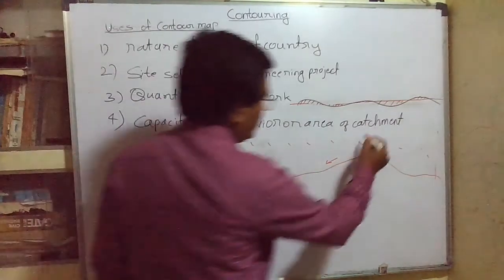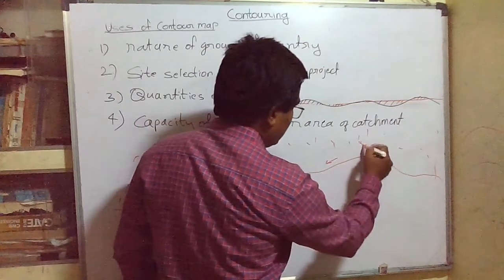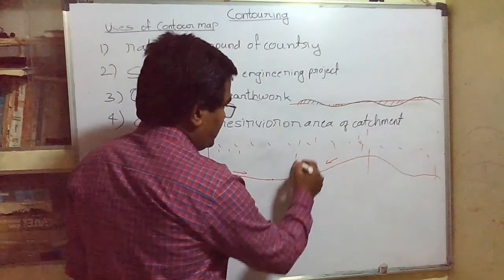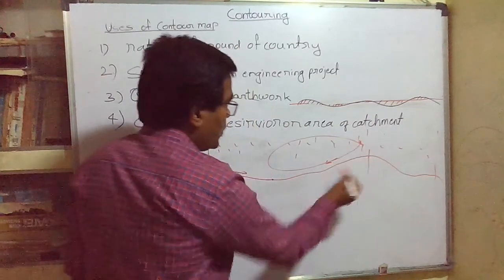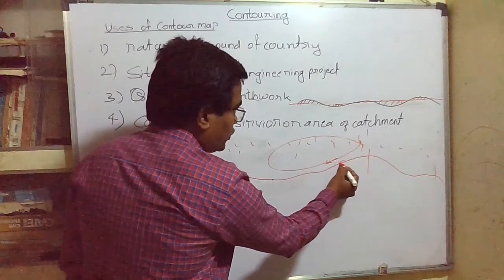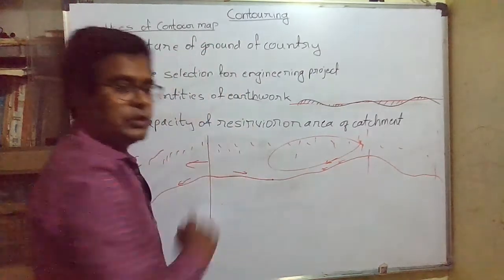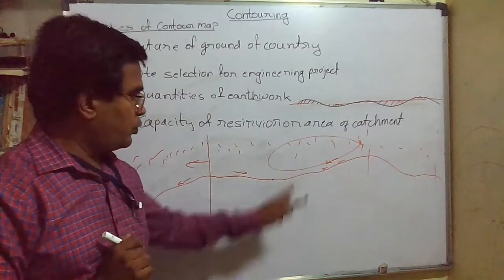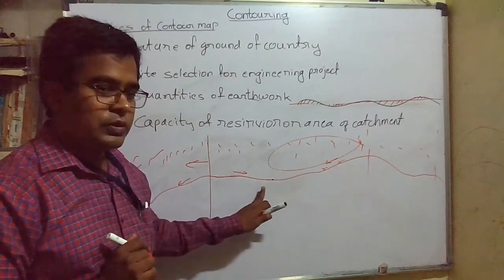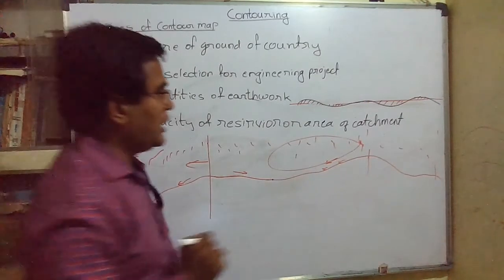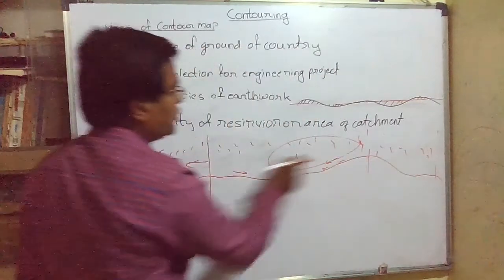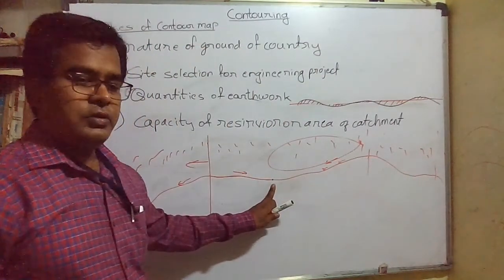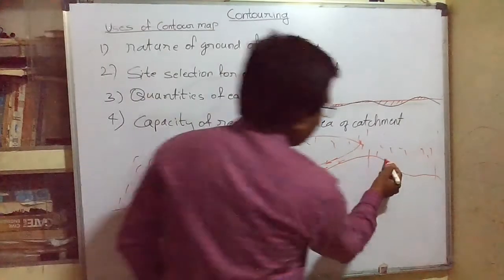Again, if it rains in this particular area, the rainwater will flow over the surface to this river and contribute to the river water. And if it is raining in this area, it will not contribute to this river; it will go somewhere else.